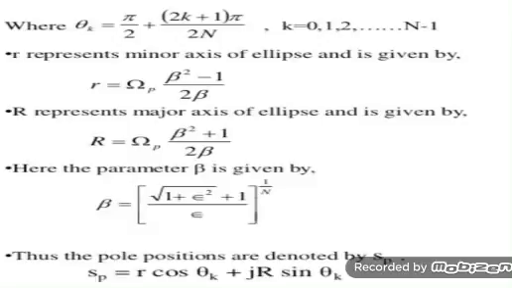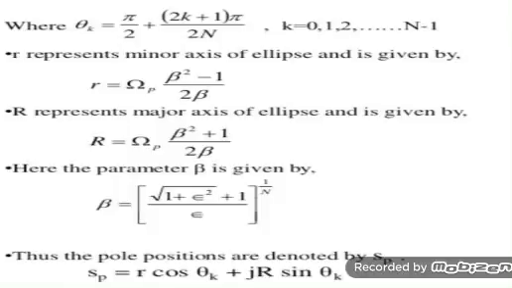Here the parameter β is given by β equal to (√(1 by epsilon squared plus 1) plus 1 by epsilon) whole to the power of 1 by n. So by determining β we can determine small r and capital R, and by this we can determine xk and yk coordinates through which we can know the position of the pole.